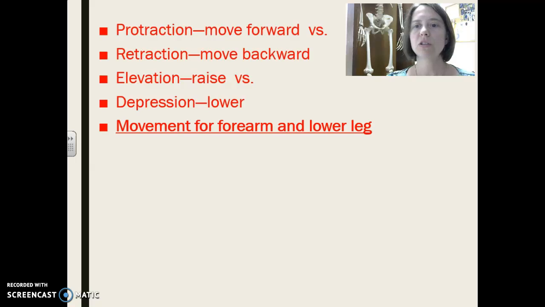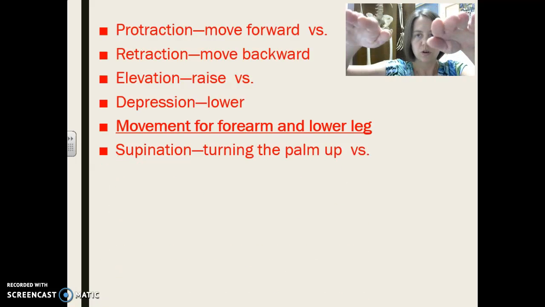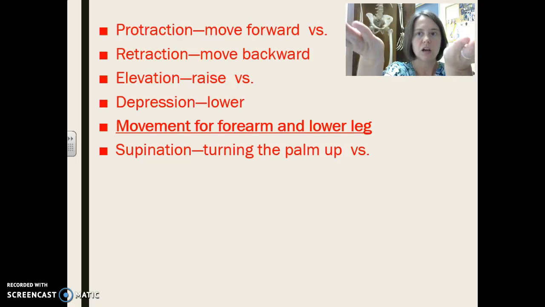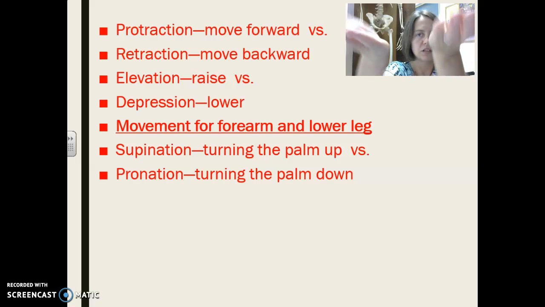So there are some special terms just for your forearm and lower leg because they can do some things the rest of your body can't. Supination is when you turn the palms up, like you're going to carry some soup. And then pronation is turning the palms down.